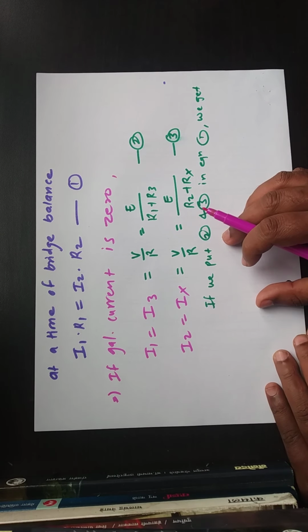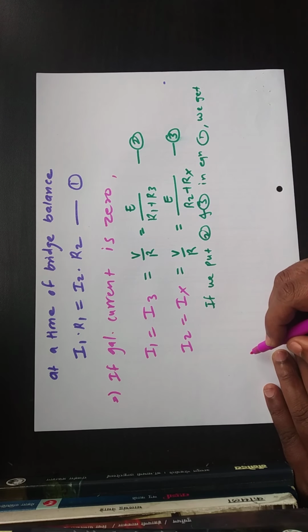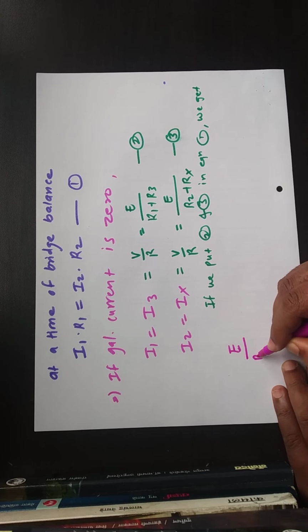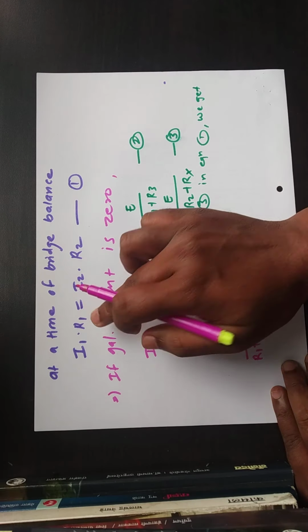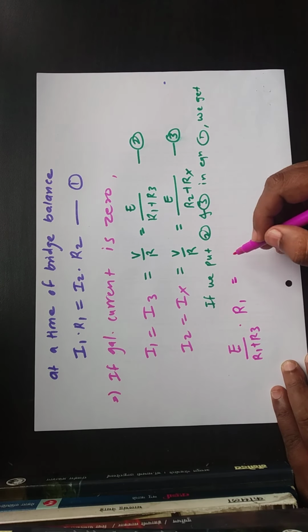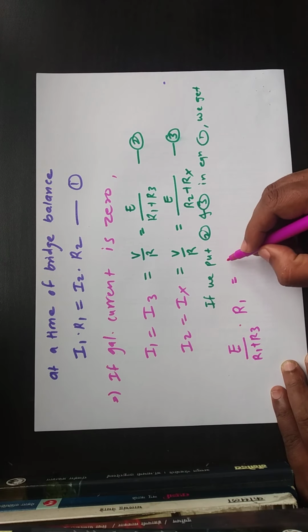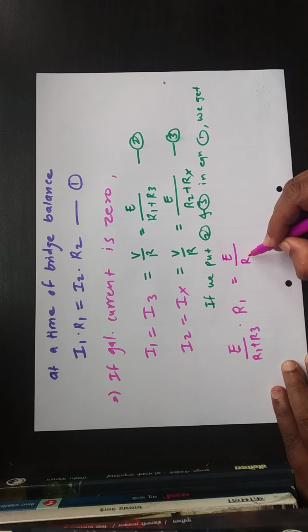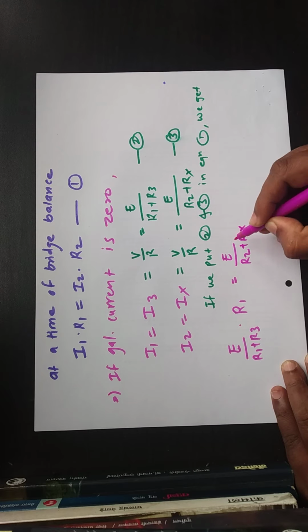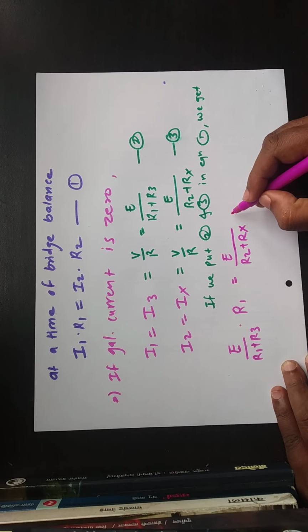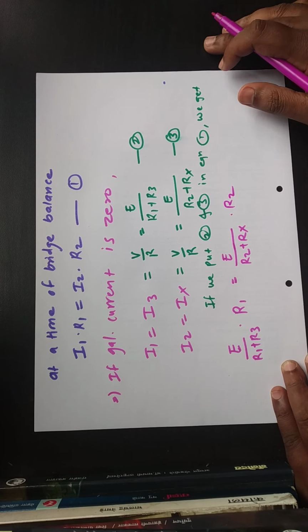If you put all these things, it becomes E divided by R1 plus R3, into R1, is equal to, what is I2? I2 is nothing but E divided by R2 plus Rx, into resistance R2.